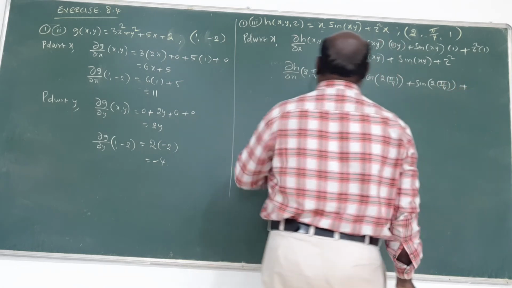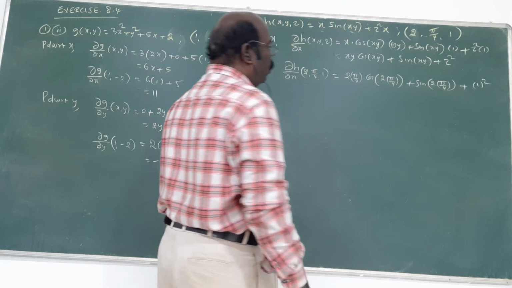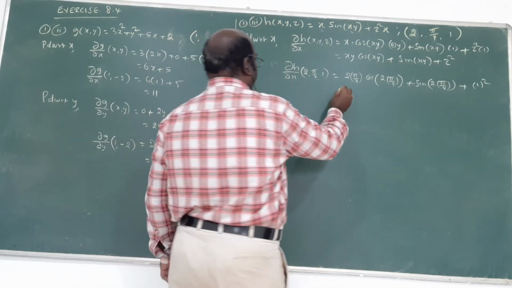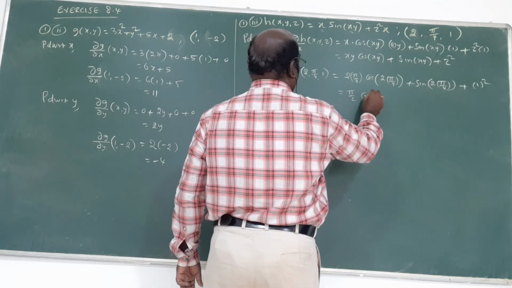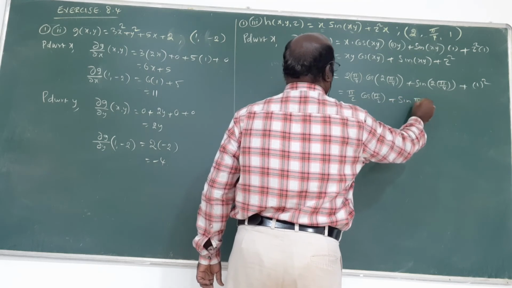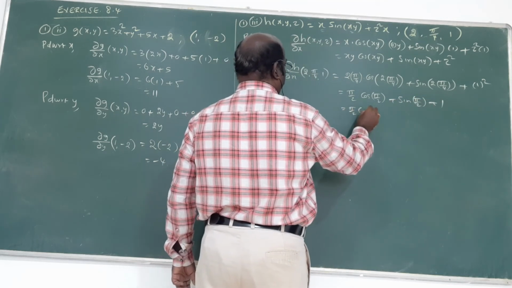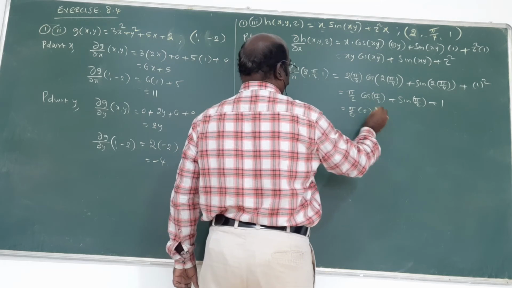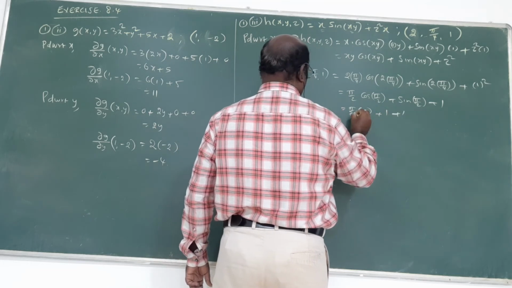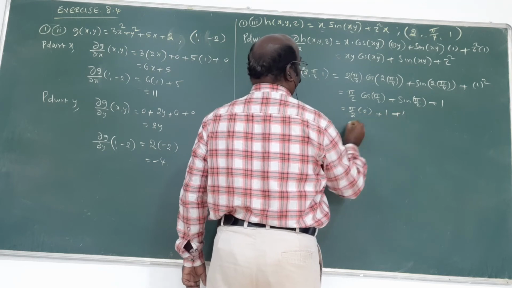Plus here, 1 square. x is 2, y is 5 by 4. Now simplify, 5 by 2. This is cos of 5 by 2, this is also sin of 5 by 2, plus 1.